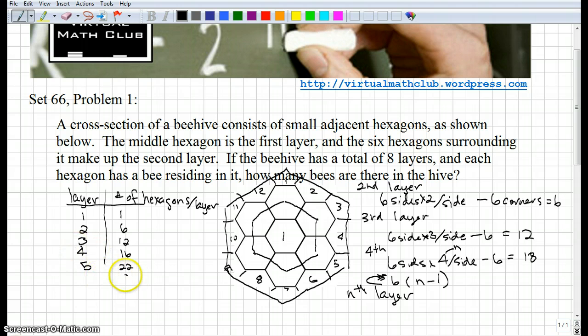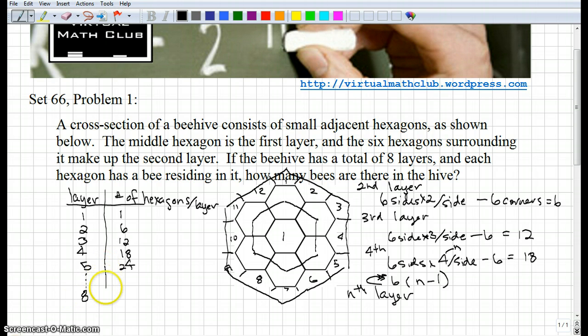So you can see a pattern going on here. Oops, I think I messed up somewhere. That should be 18, shouldn't it? I was adding 6. Not doing very well. Okay, so we said we had 18, and then if we add 6 to that, we get 24. Okay, that makes more sense. All the way up to the 8th layer.